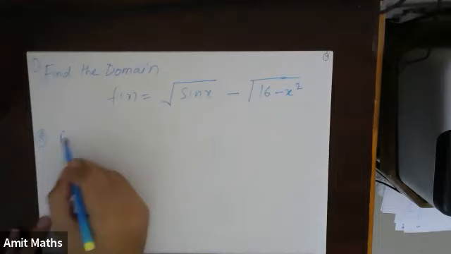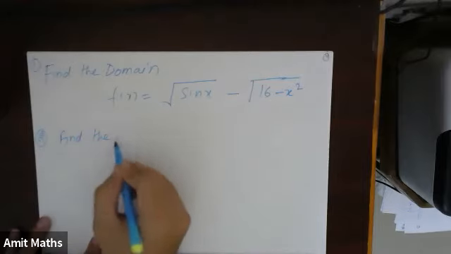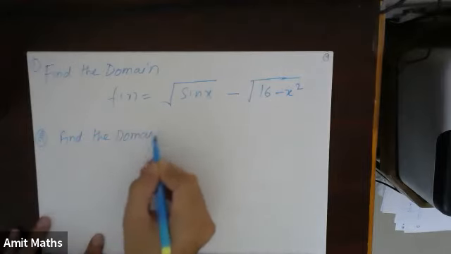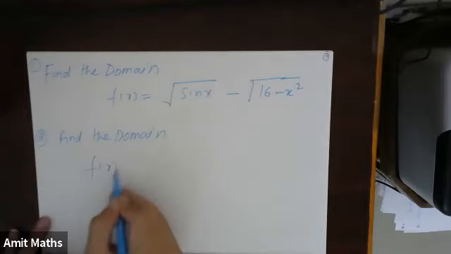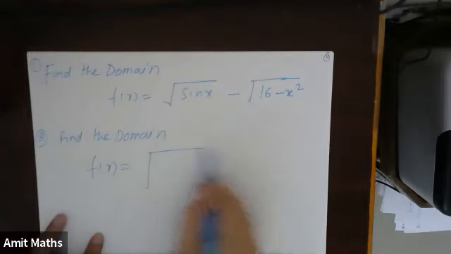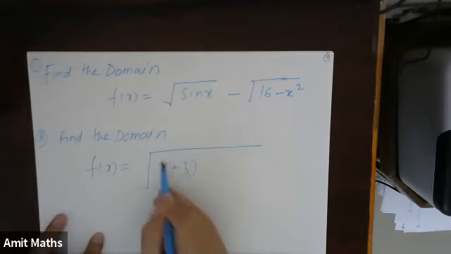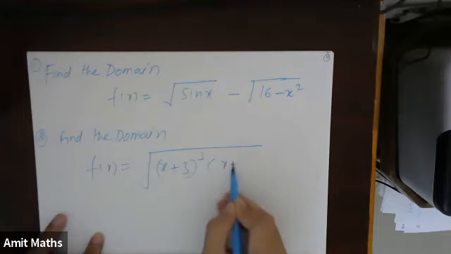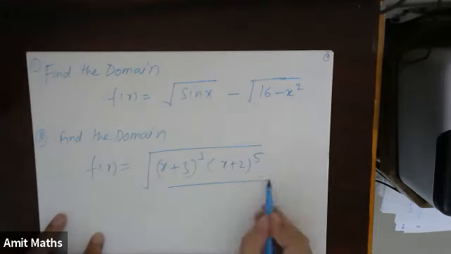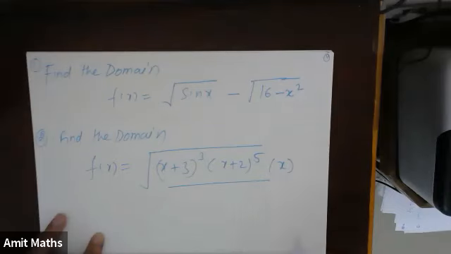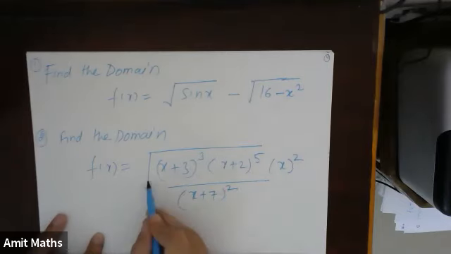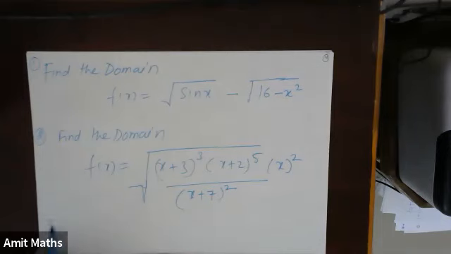Second is find the domain of f of x is equal to under the root of x plus 3 to the power 3, x plus 2 to the power 5 into x, divided by x square divided by x plus 7 to the power 2, under root.